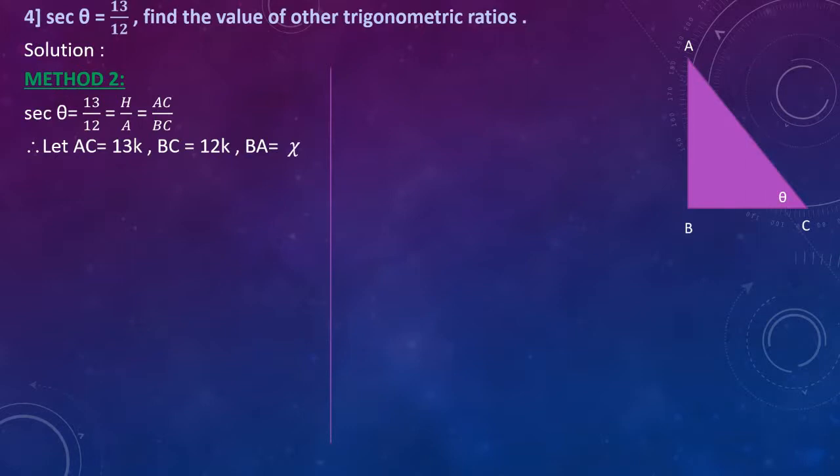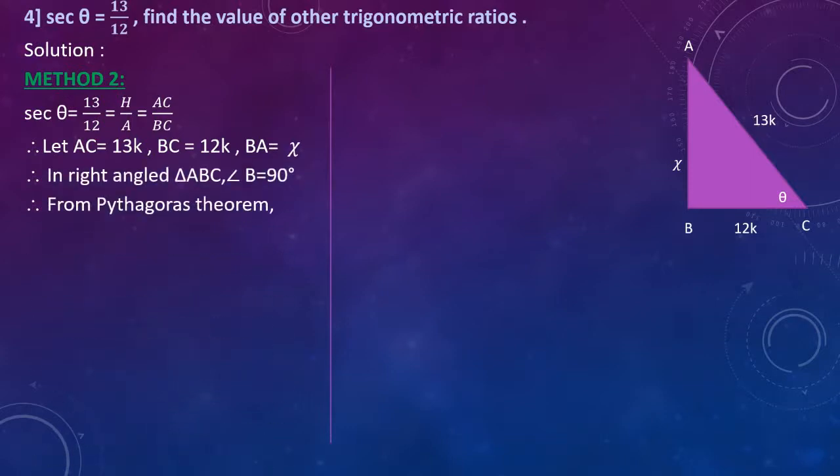Now BA is equal to X because we don't know the value of BA. So let us consider the value of BA or AB as X. We need to find the value of AB first. In order to find the value of AB, we are going to use Pythagoras theorem again because it is a right angle triangle where angle B is 90 degrees.